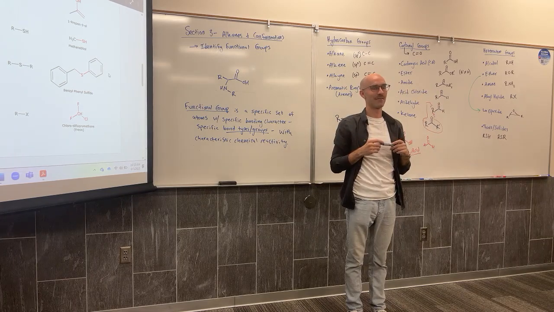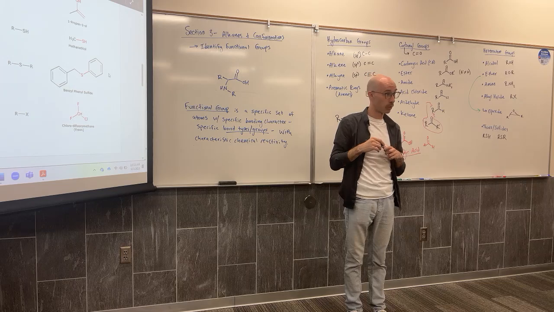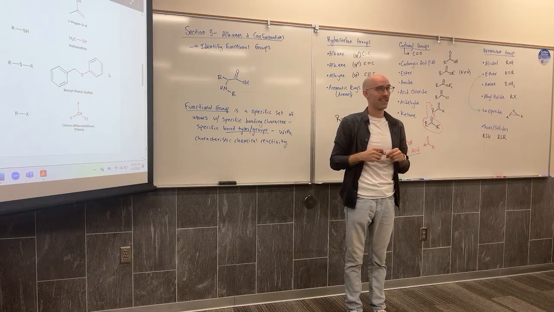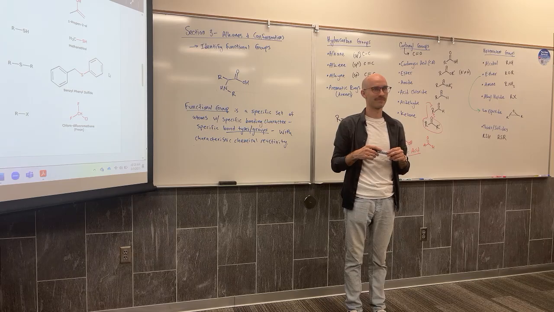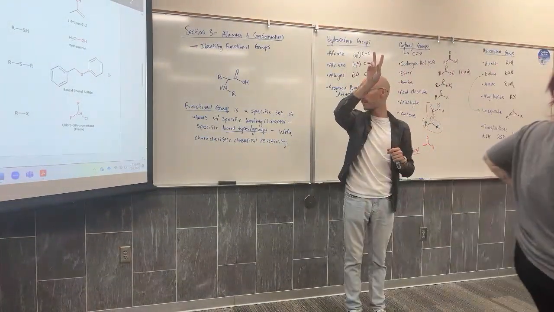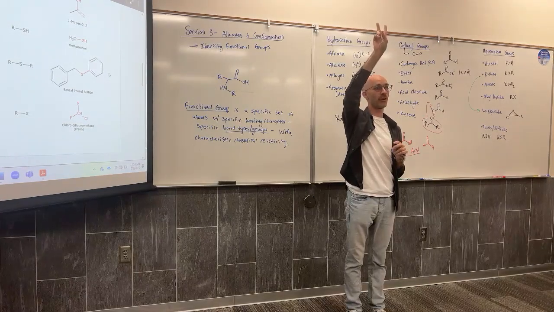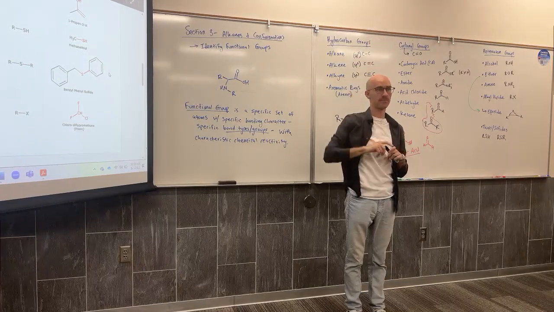All right, find a place to work and start thinking about a functional group that you want to work with. So why don't you guys take the next 2 minutes, 2 minutes to pick out your top functional groups.